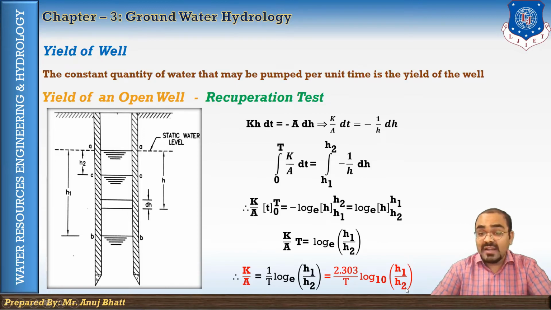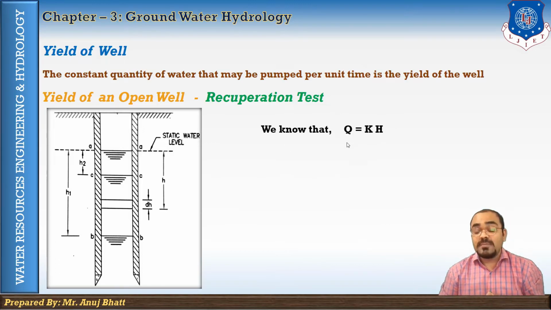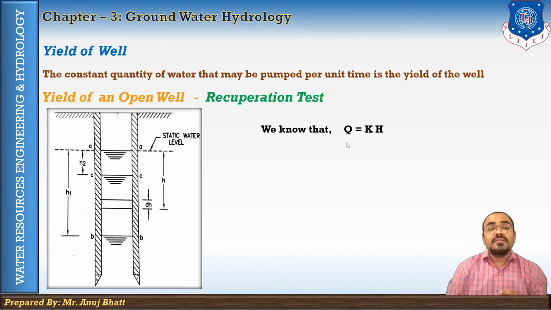Now at the end we need to find out the value of discharge, that is Q. We know that Q is equal to K into h, but we have the value of K by A. So if we multiply this equation by A and divide it by A, the equation will remain the same.